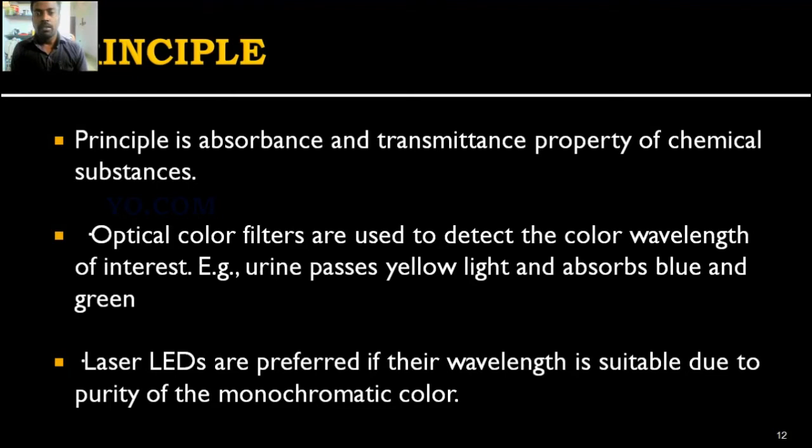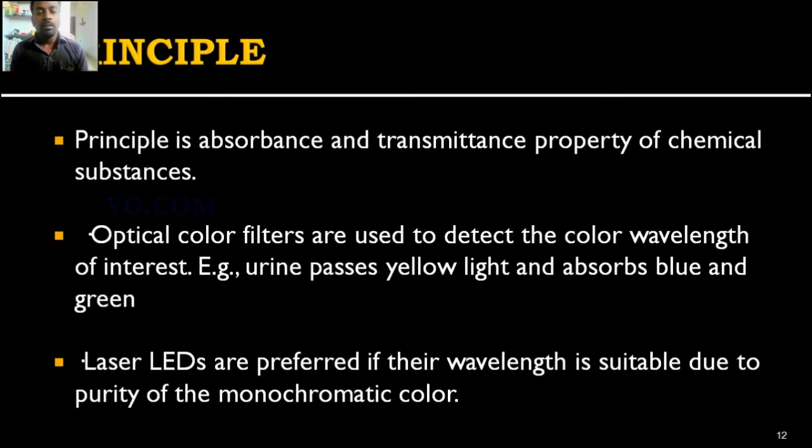So some chemical substances absorb some light intensity and transmit some light. According to the absorption and transmittance property, we can find what substances are present in a given liquid.